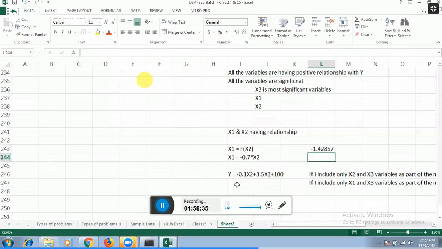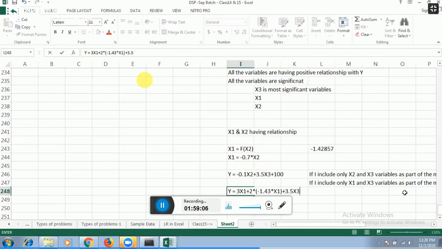So your equation will be Y equals 3 times X1 plus 2 times minus 1.42, I'm just rounding off, times X1 plus 3.5 times X3 plus constant. Constant is nothing but 100.